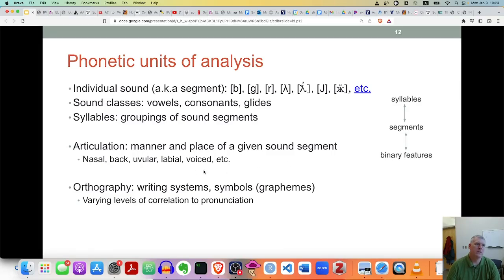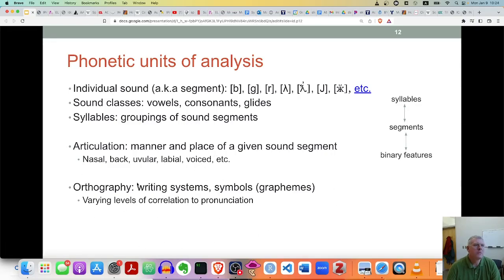We can talk about a nasal sound, which causes some or all of the air to go out the nose rather than the mouth. I'm stopping the airflow out of my mouth; it's coming out of my nose. Or a back vowel like k or ga, etc. Voicing: z, like zoo versus su. Zoo has a voiced sibilant, whereas su has a voiceless sibilant.